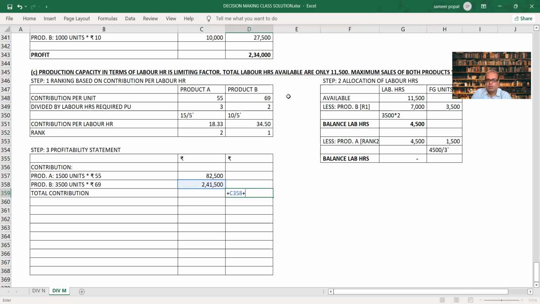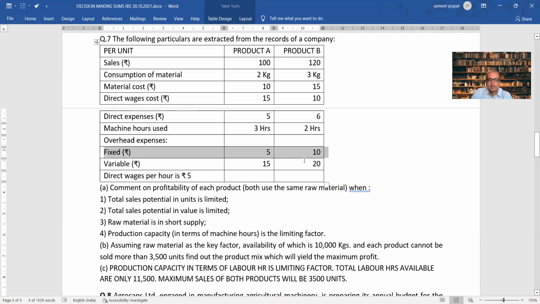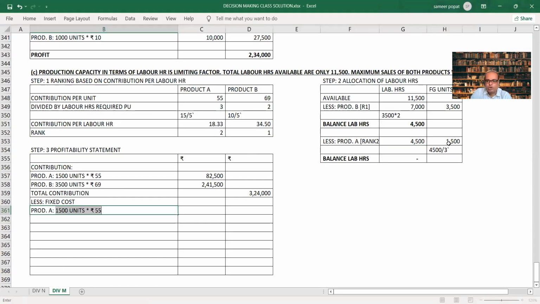Let us take the total, that is the total contribution of the company. From that, we'll reduce fixed cost. Fixed costs are 5 and 10 for A and B. So for A, we are going to manufacture 1,500 units into rupees 5.